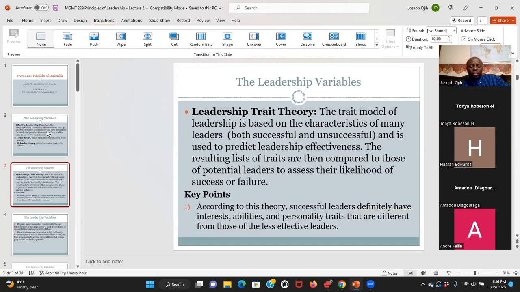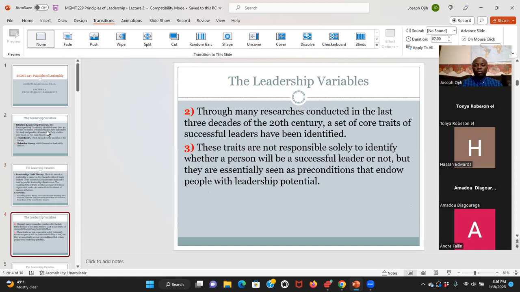So according to the trait theory, people who became successful leaders have some abilities, interests, and personality traits that are different from those who are not successful leaders. So if you are going to be a successful leader, there are some qualities, interests, abilities, personality traits that you will have, which will indicate that you will be a successful leader. That is what this theory is trying to tell us.